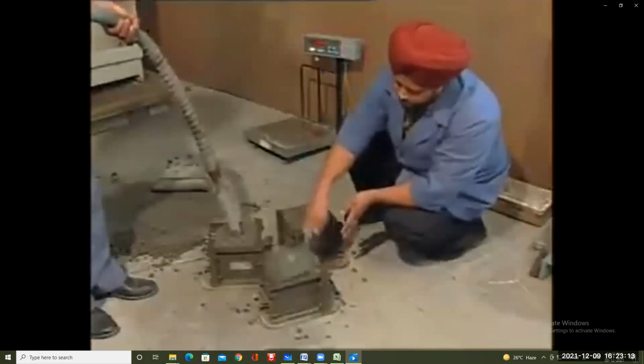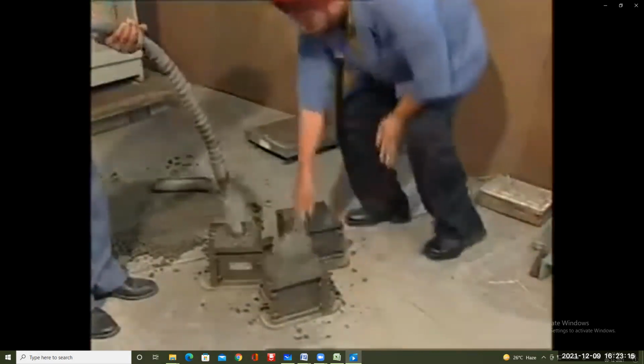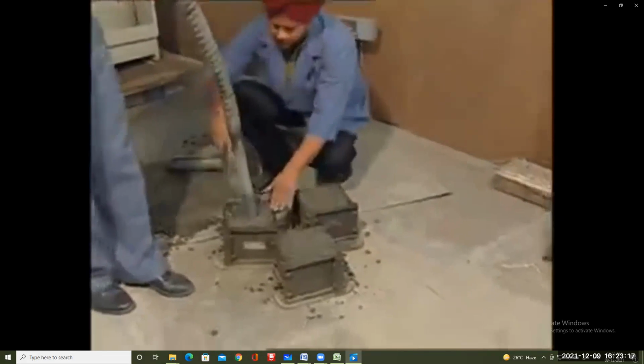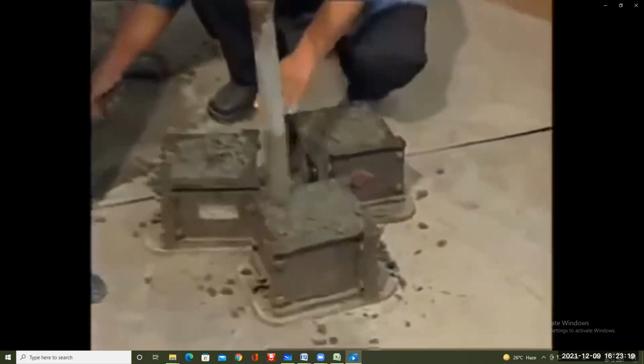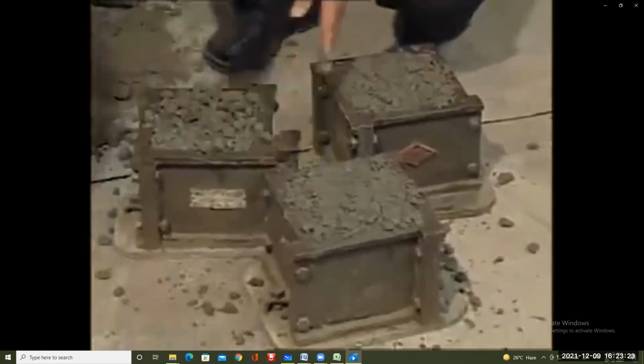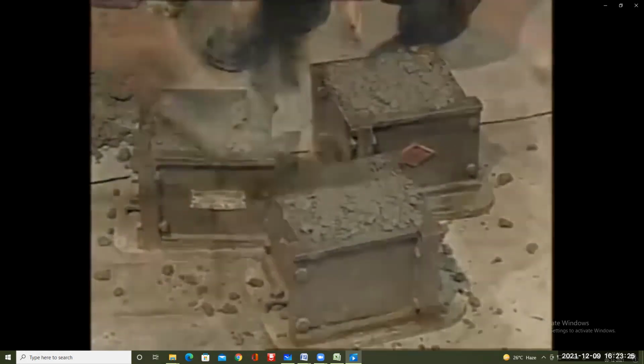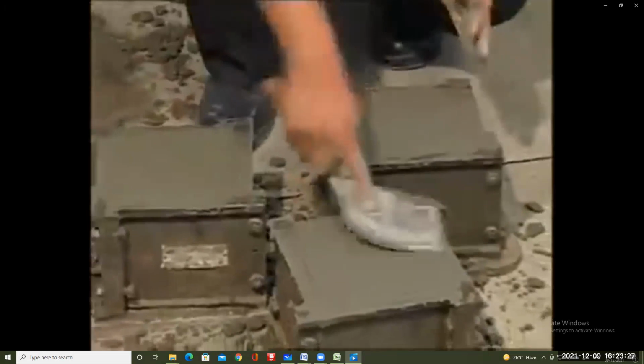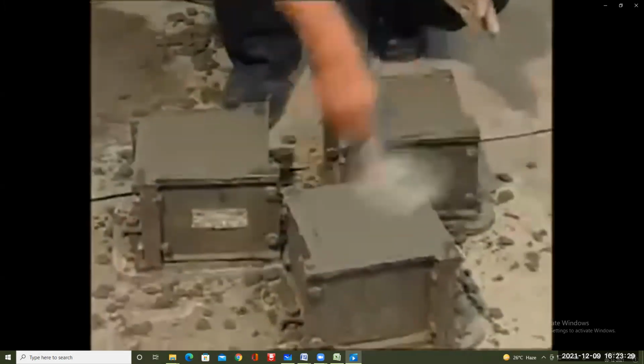After the top layer has been compacted, the surface of the concrete shall be finished level with the top of the mold using a trowel. It is tapped well till the cement slurry comes to the top to give it a well finished appearance.